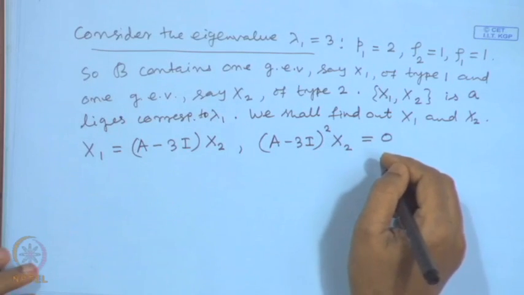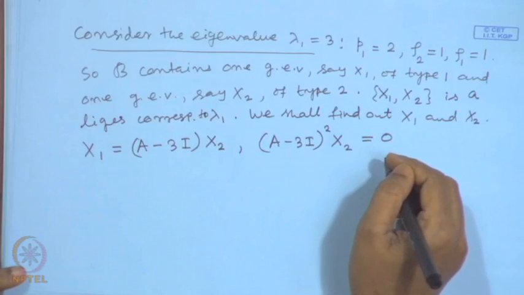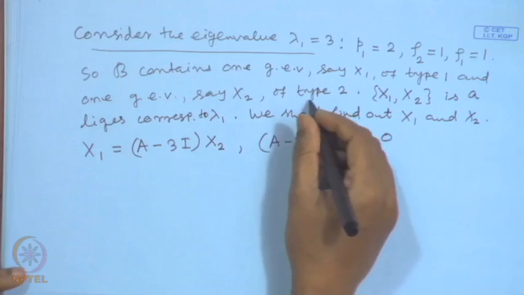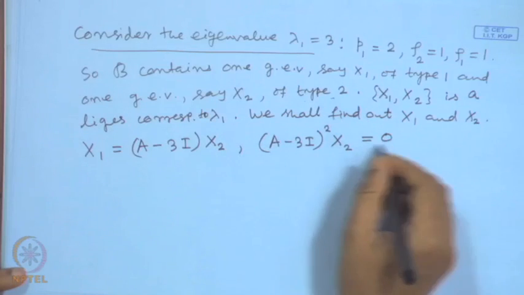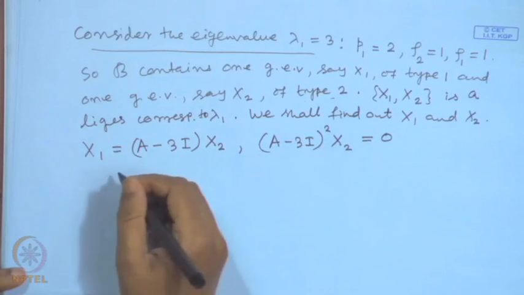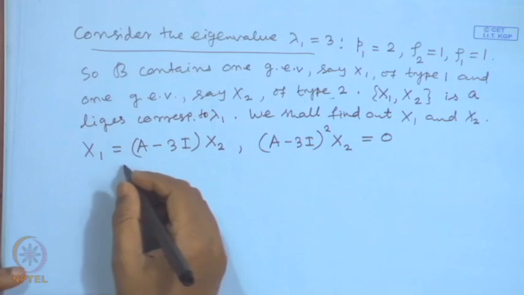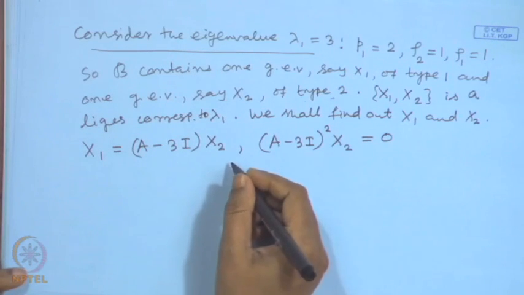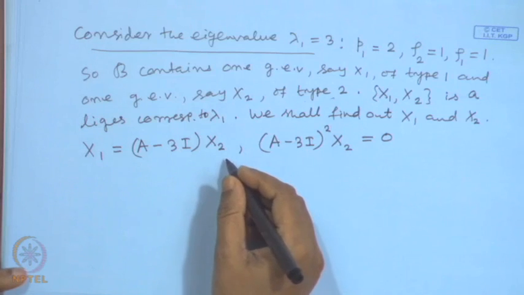This x 2 is a generalized eigenvector of type 2, so it satisfies this equation, and we consider x 1 to be the generalized eigenvector of type 1.